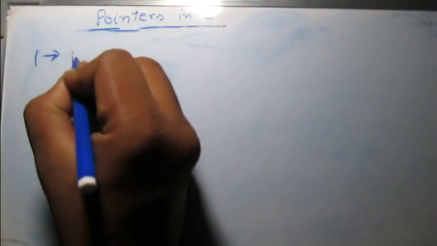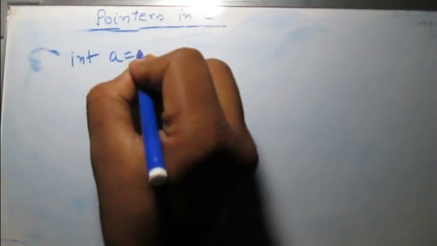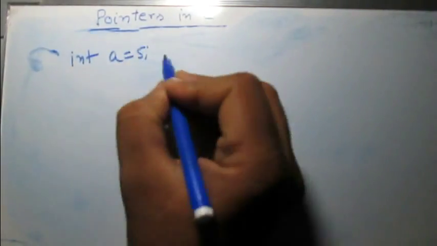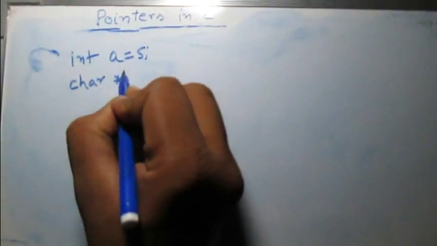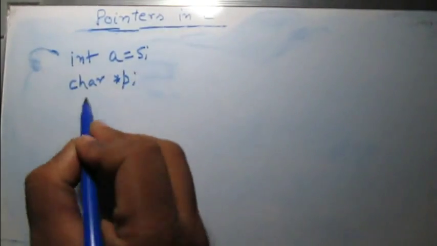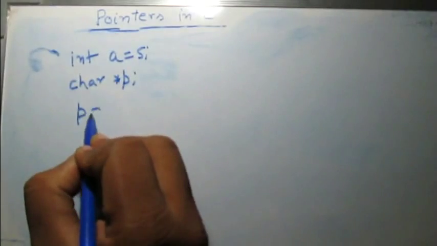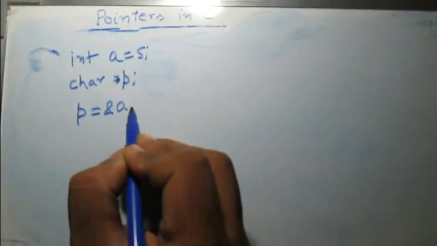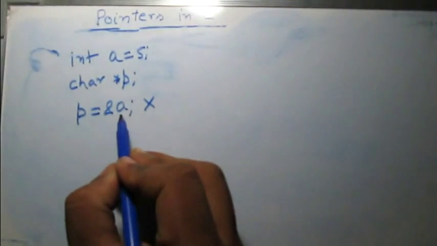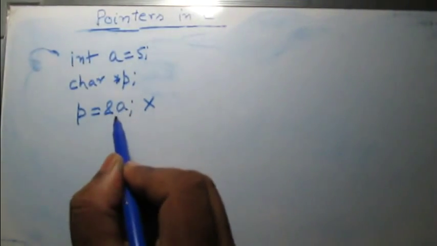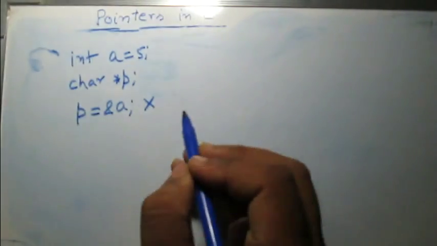If you declare a variable of integer type and store 5 in that, and you declare another variable of character type which is a pointer variable, if you want to store address of A into P like this, so this statement will be incorrect, because the data type of A is integer. You can store the address of A into only a variable which is of integer type. So this statement is incorrect.